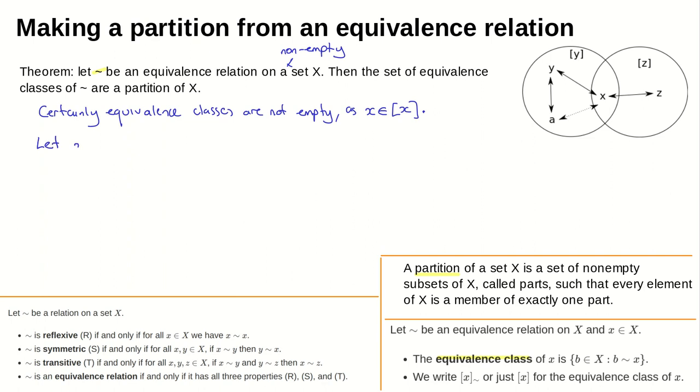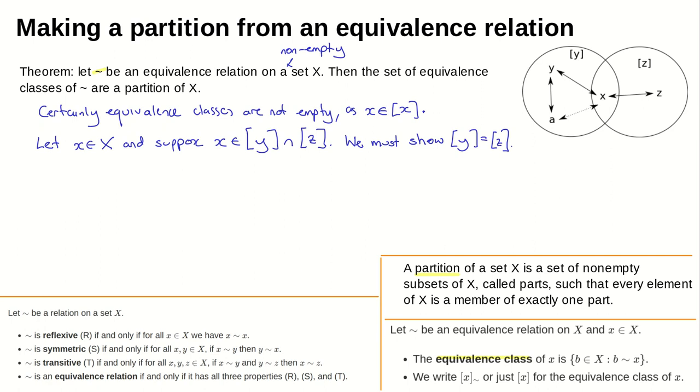We'll take x, little x, an element of big X, and suppose that X is in two equivalence classes, so the class of Y and the class of Z. So I could write that by saying X lies in the intersection of the class of Y and the class of Z. So what we have to do is actually show that the class of Y equals the class of Z in this case.